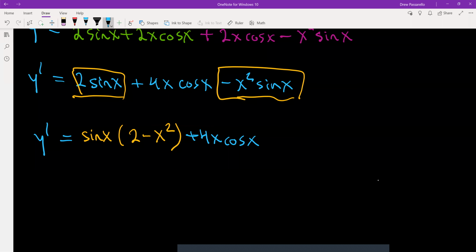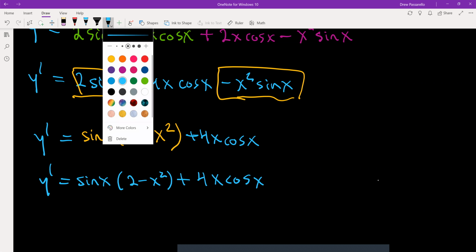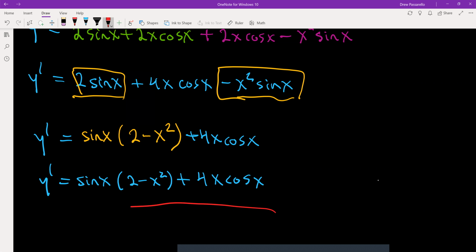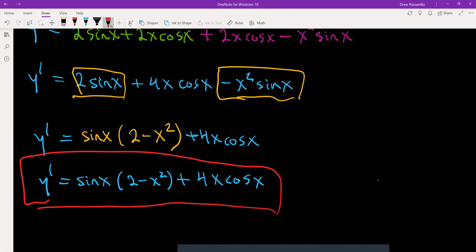Right, so y prime is sine x times parentheses 2 minus x squared, and then plus 4x cosine x. Now this is a preference thing as far as doing this factoring. So this would be what the textbook would want.